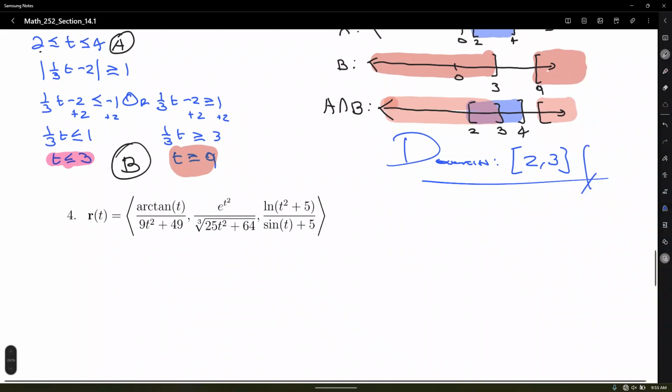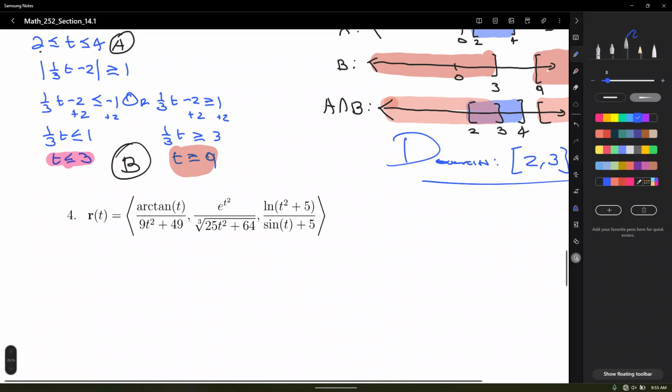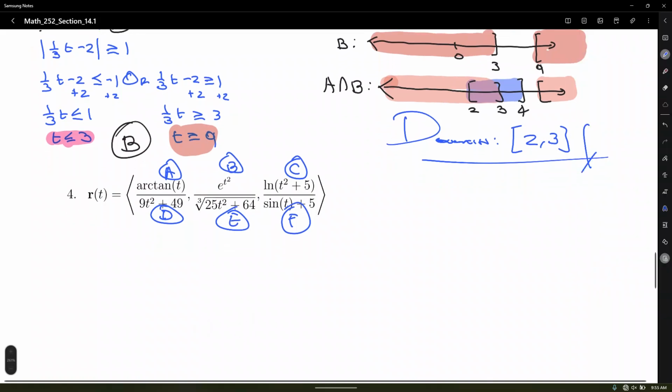Let's see. The arctan function. So this is A, B, C, if you want to label, D, E, and F. All right, so what about A?